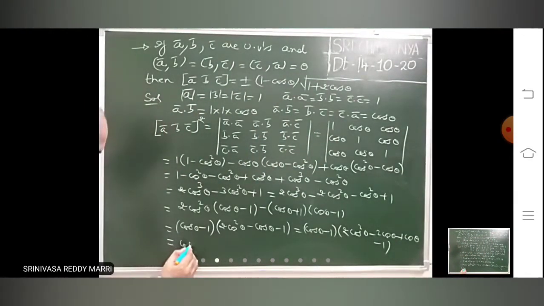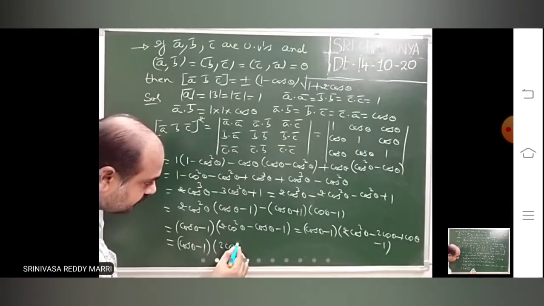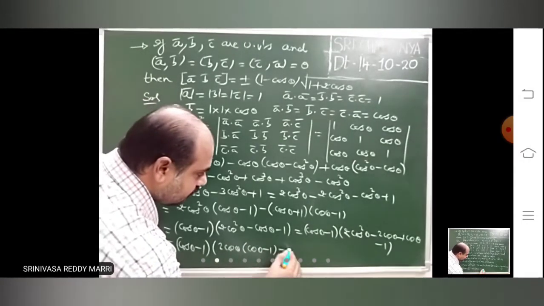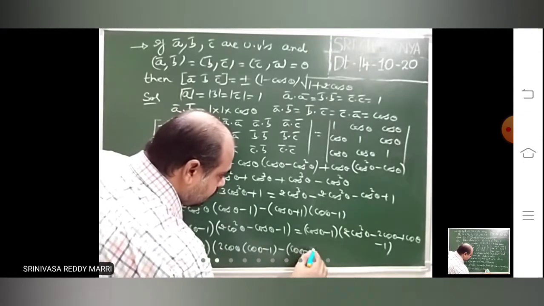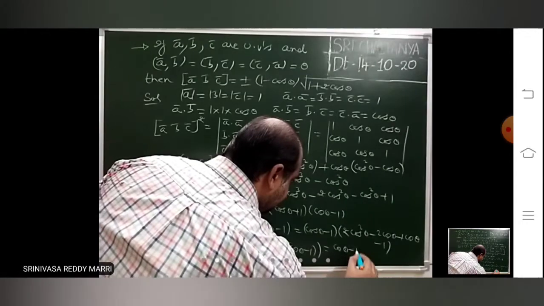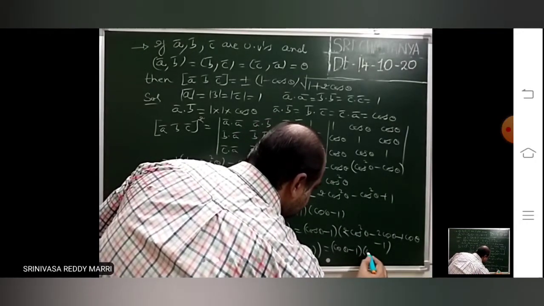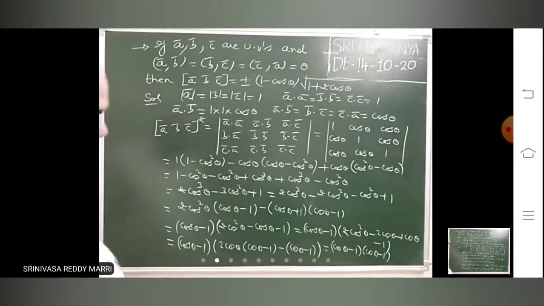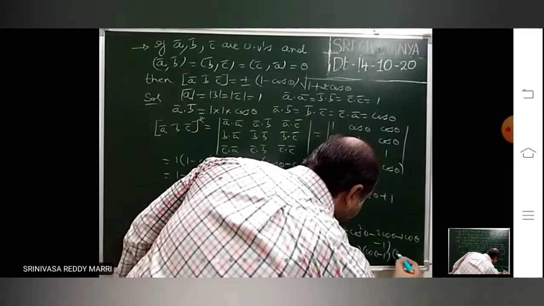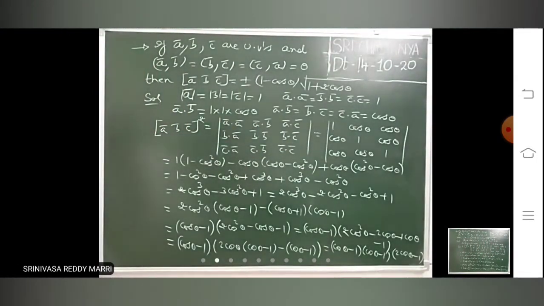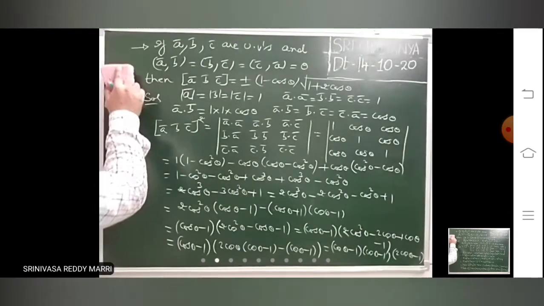Taking cos theta minus 1 common, you get 2 cos theta plus 1. Therefore this is nothing but box ABC whole square.